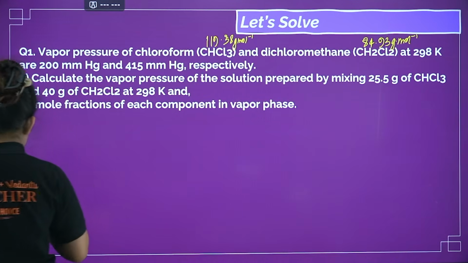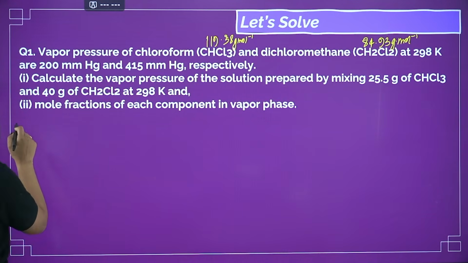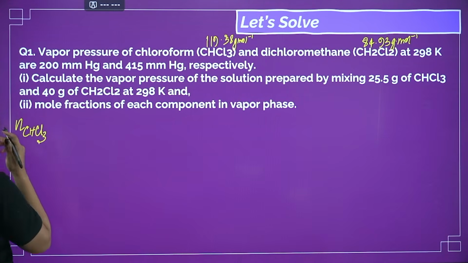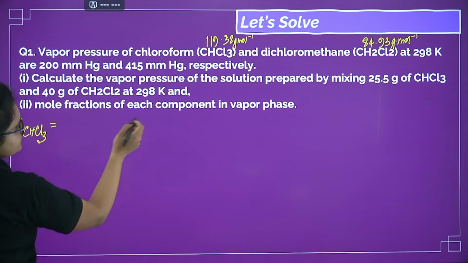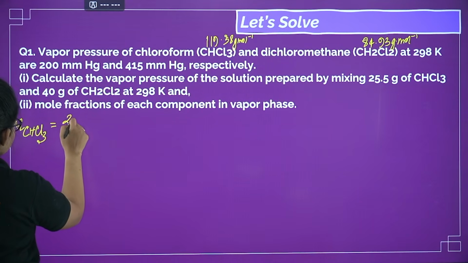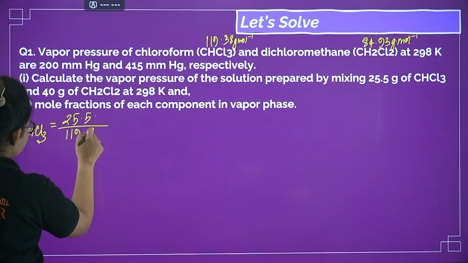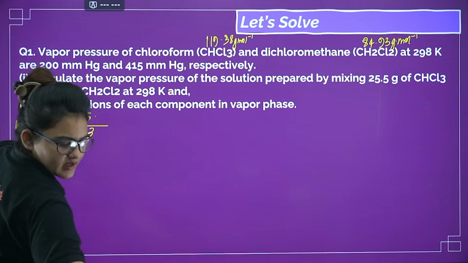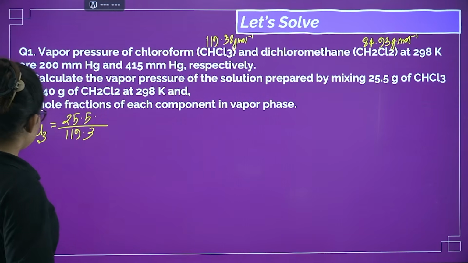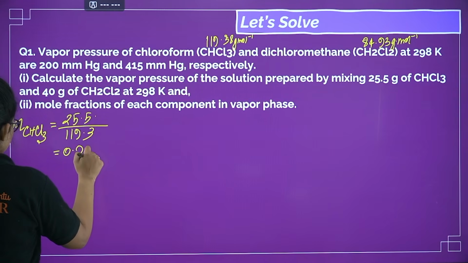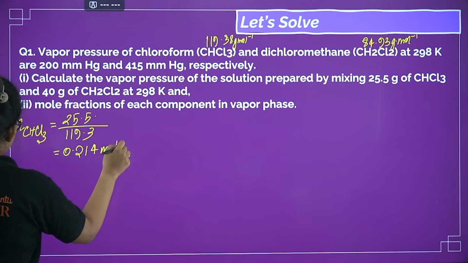Okay my dear, so let's find out the number of moles. One by one, number of moles of CHCl3. How much they gave? 25.5 gram, so 25.5 divided by 119.3. Here I will get almost 0.214 mole.